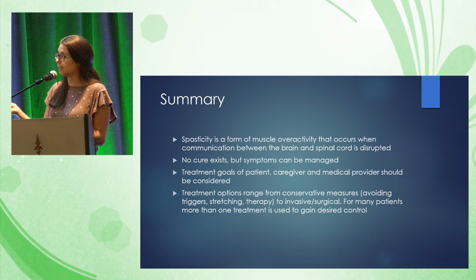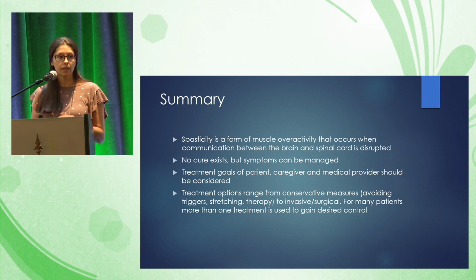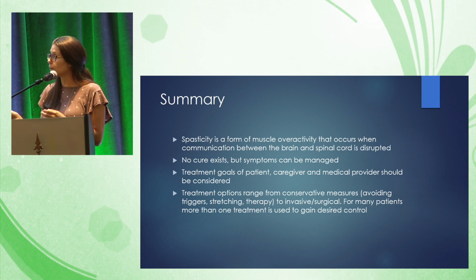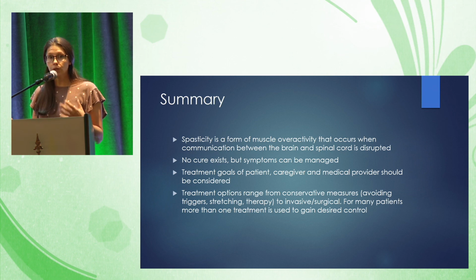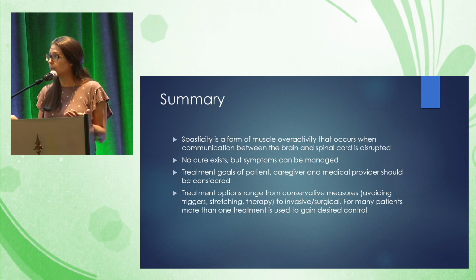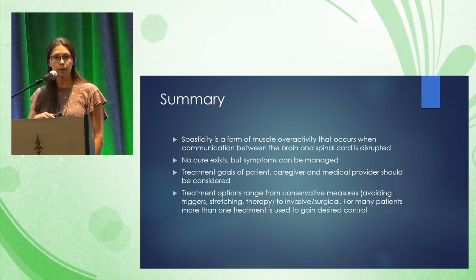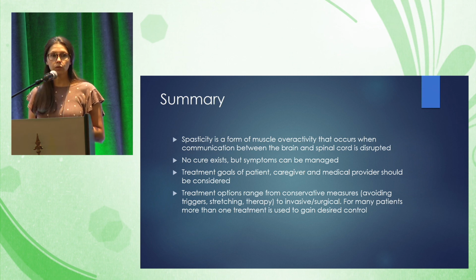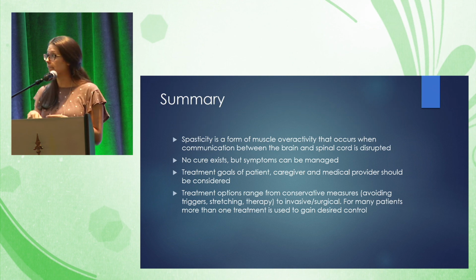But summary, spasticity, it's that muscle overactivity that's from that abnormal connection or signal that's coming from the brain and the spinal cord and the upper motor neuron lesions. No cure, but what we're doing is really looking at symptoms becoming adequately managed. And treatment goals really need to take place with conversations with your providers, between you, if you have a caregiver, and your provider. What's safe, what is healthy, and what's needed.